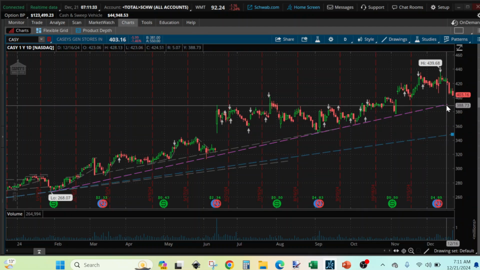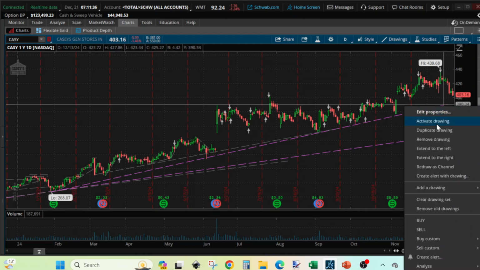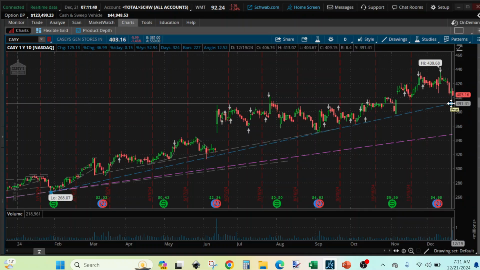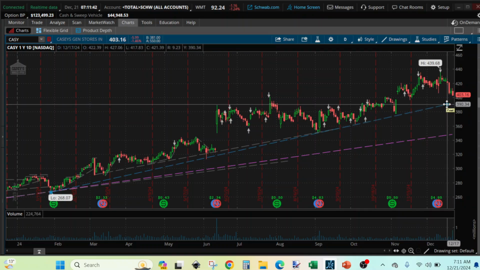So we have this one that we like to purchase either at this line, if it's going up from there, or at the line below.